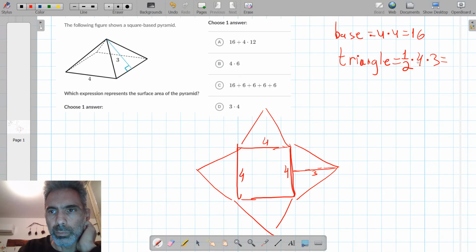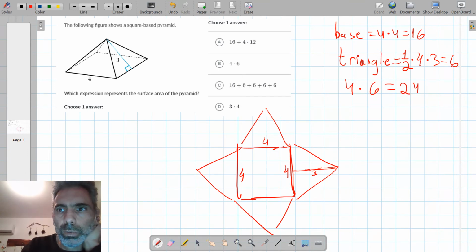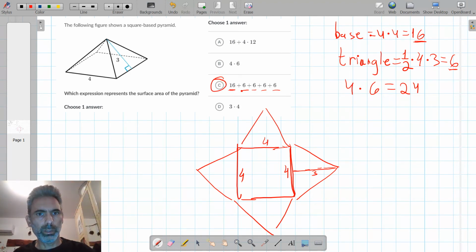So 1/2 times 4 is 2, 2 times 3 is 6, and we have 4 of these triangular faces, so 4 times 6 is 24. Let's see which expression corresponds to the calculation we just did. 16 is the base, and we have 4 triangular faces, so C is correct.